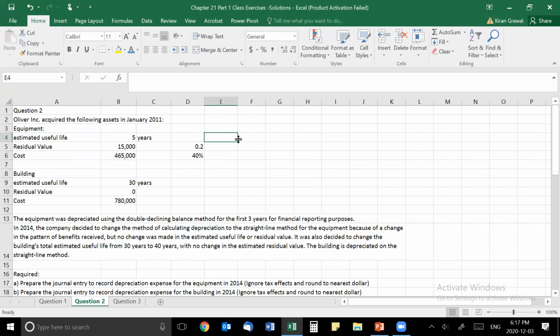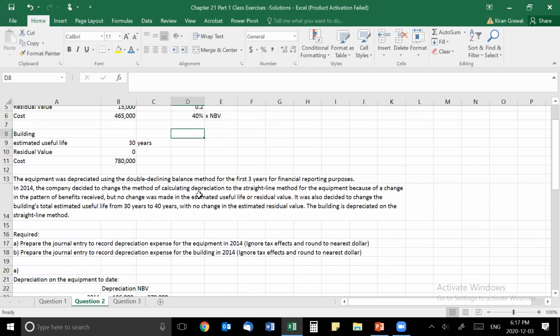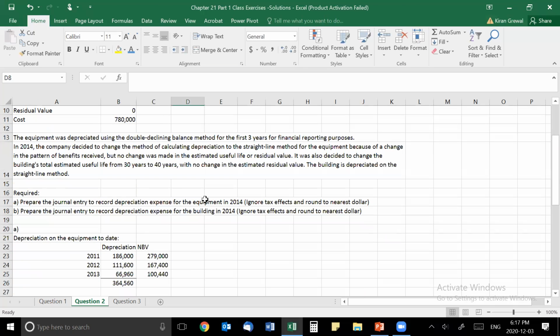So double declining is you take 100% divided by your useful life times 2. You might want to note this formula. And then you get a percentage, and that percentage you're going to multiply with your net book value every year. All right, so now that we know how to do that, so 40%.